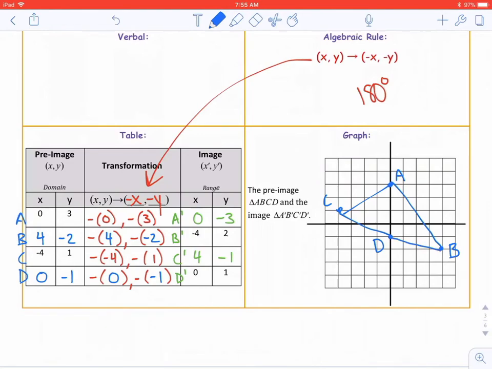All right, so it kind of looks like a big triangle. So let's graph our image. 0, negative 3 is our A prime, so that would be about right there. B prime is at negative 4, positive 2. C prime is 4, negative 1.